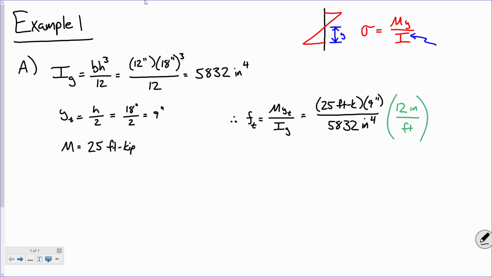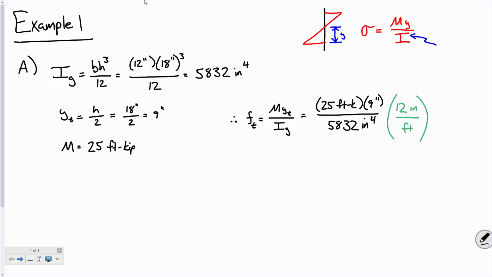And plus, keep in mind, what are we calculating? We're calculating a stress. So a typical unit for that might be ksi or psi. Because of that, it would make sense to try and get everything back to inches and not get it back to feet.